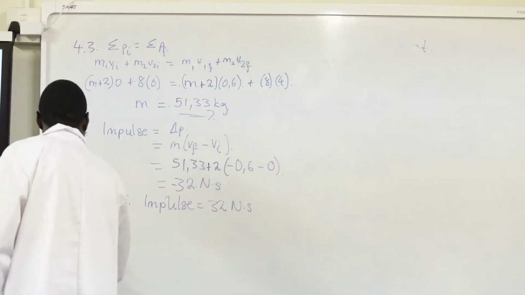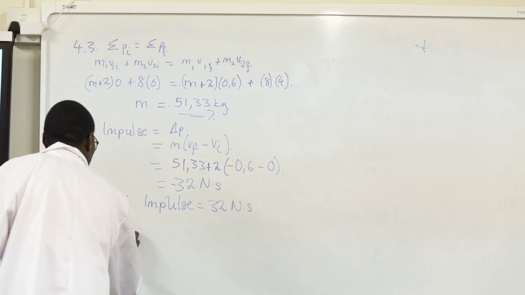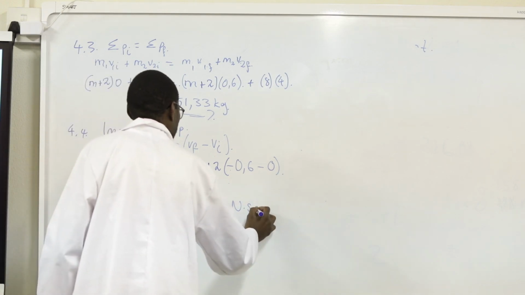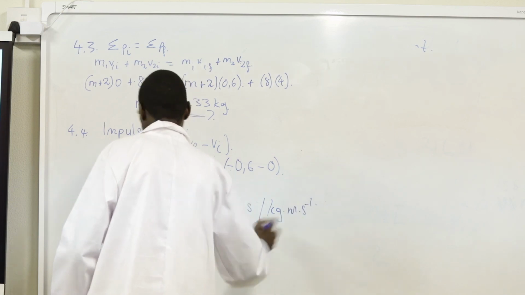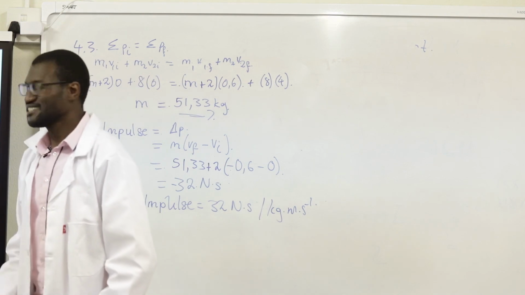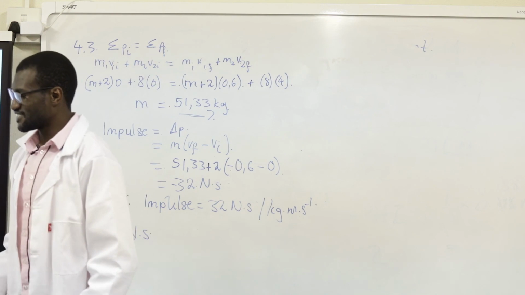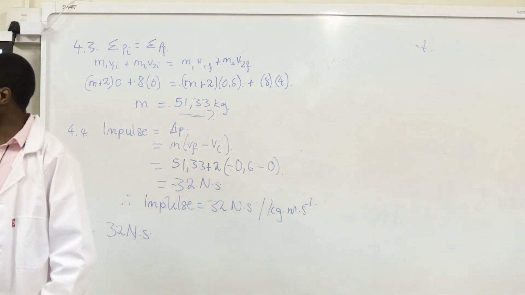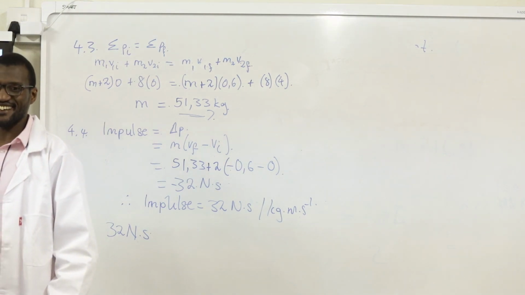Obviously, the change in momentum for 4.5 will be equal to 32 Newton seconds again. Newton seconds are the same as kilograms meters per second. All right, think about that and follow through the calculation of impulse. These are a bit longer questions that you needed to understand and work out. But as for now, momentum and impulse are done.